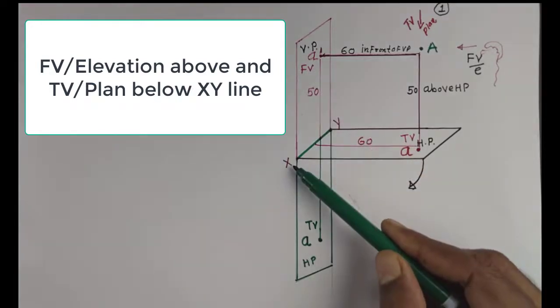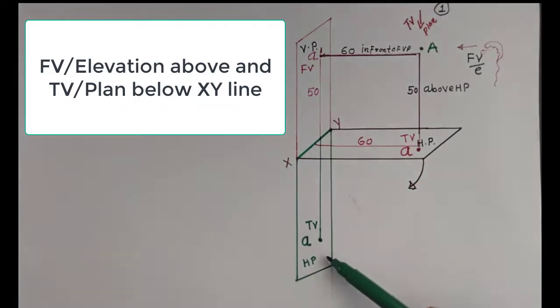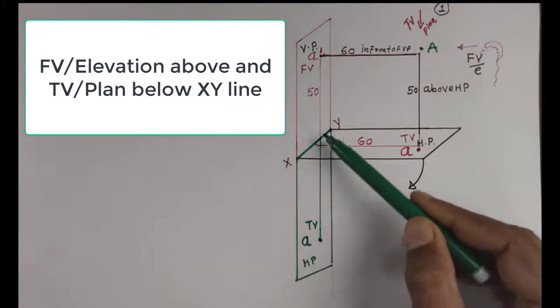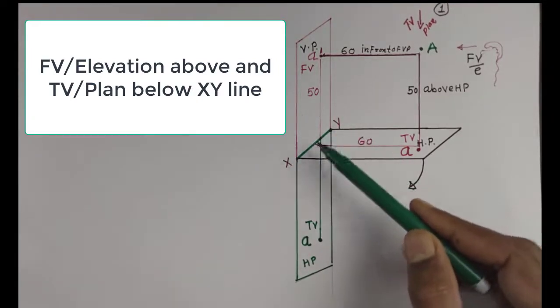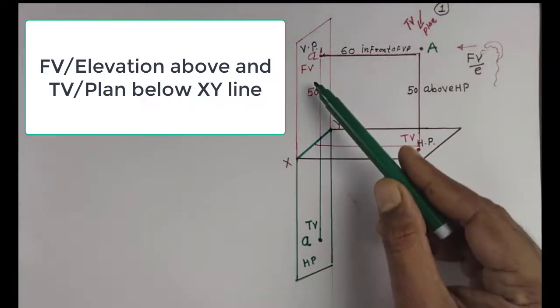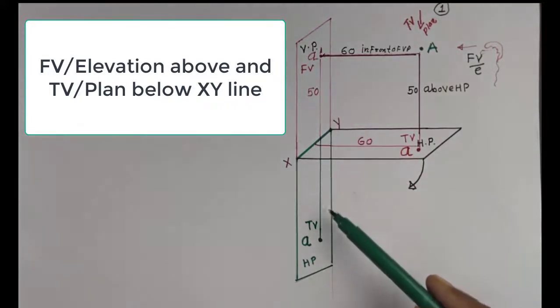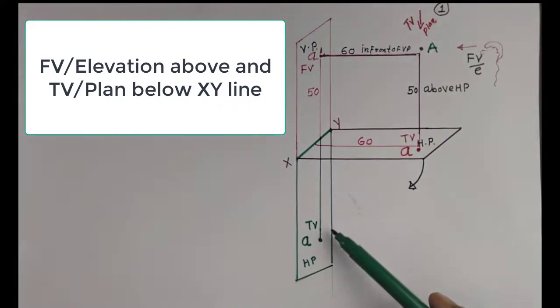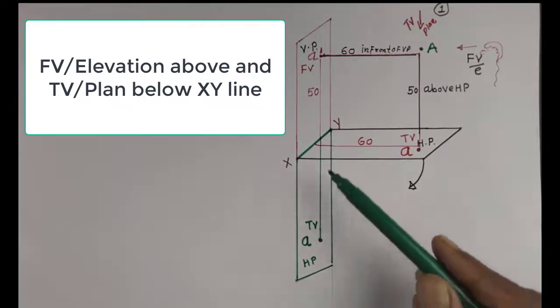In the HP plane, we have the top view. So always in first angle, the elevation of the object is above the XY line, and the top view of the object is represented below the XY line.